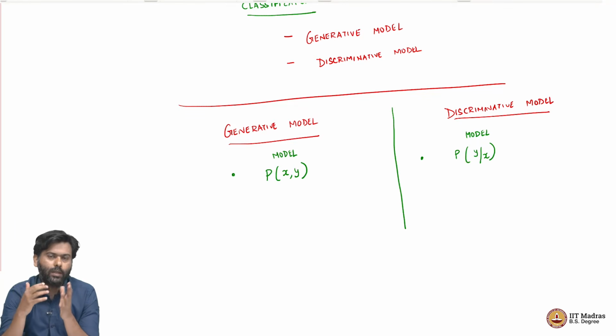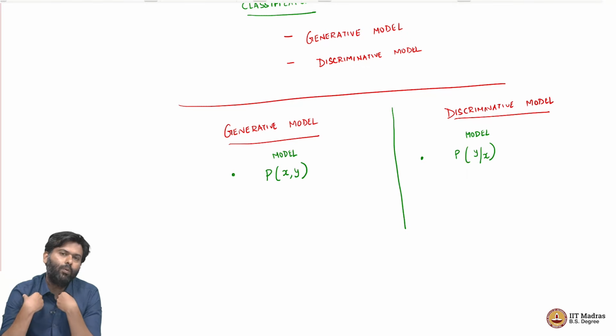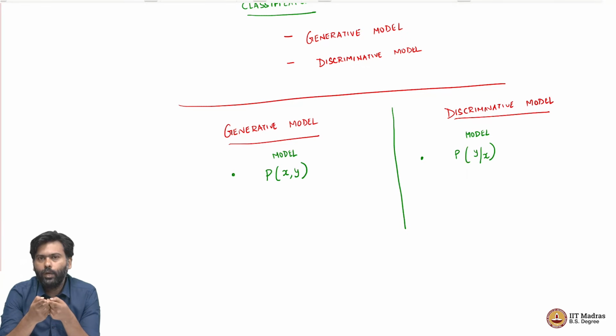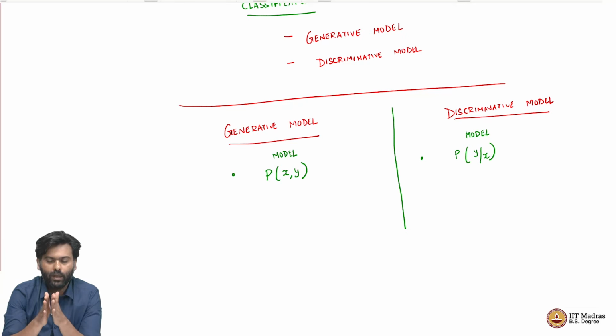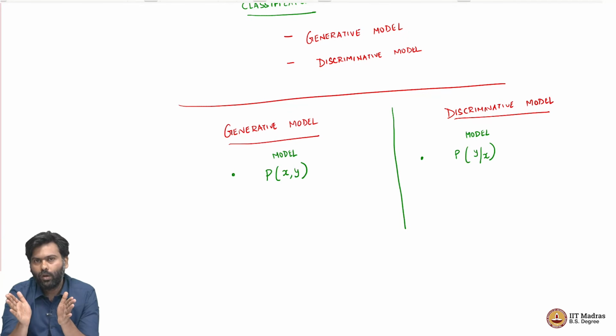On the other hand, the discriminative modelers tell me, well, your goal is only to make sure whether the given sentence is Bengali or not Bengali. That is, your goal is to discriminate whether a given sentence is of a particular class or of a different class. In this particular case, it is a Bengali class or a non-Bengali class.